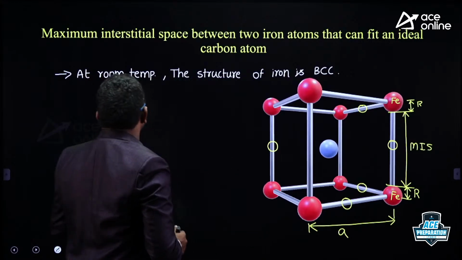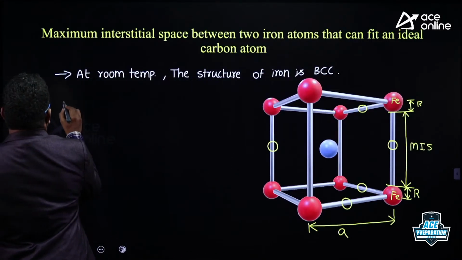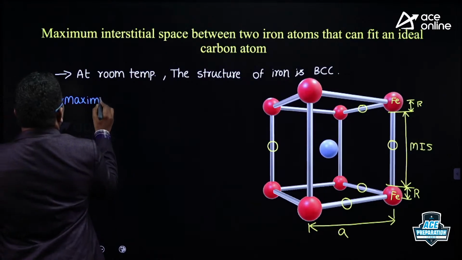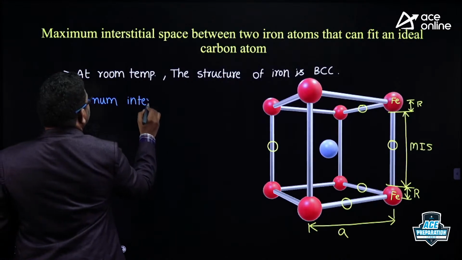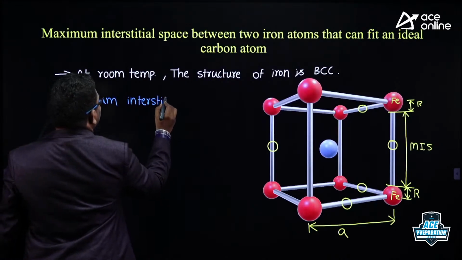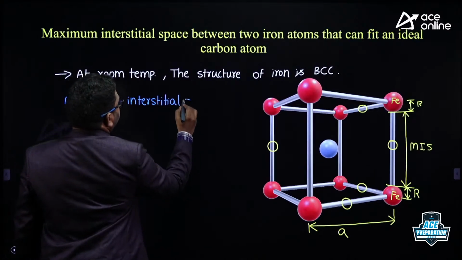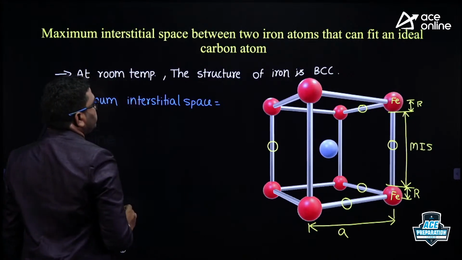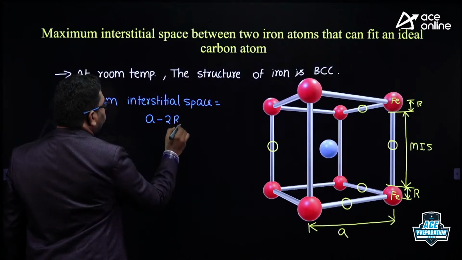So, remember, the maximum interstitial space is equal to A minus 2R.